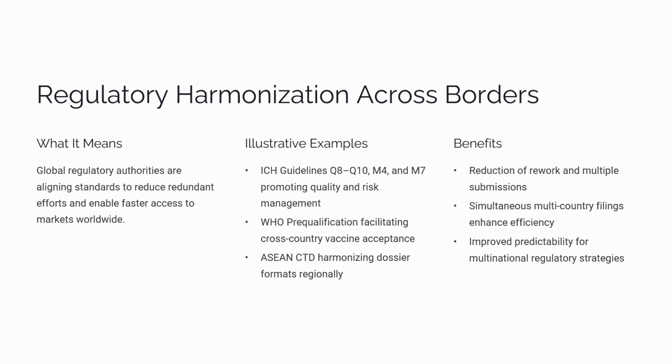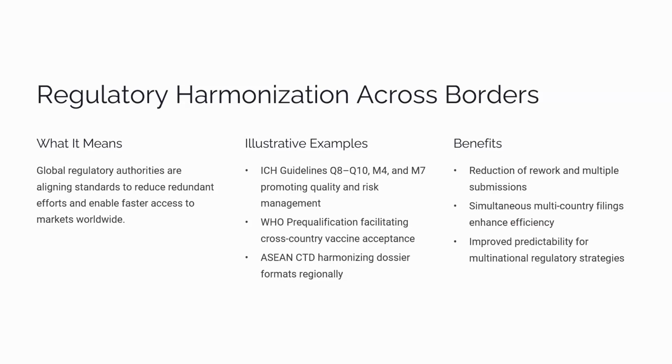But take for example, we have a harmonized structure in place where we submit the dossier in one specific format, and it's been approved by the FDA. Then it becomes easier to submit the same dossier in non-stringent markets or RAW markets, and it reduces the review time significantly, leading to faster market approvals.